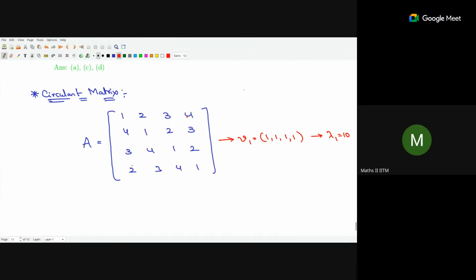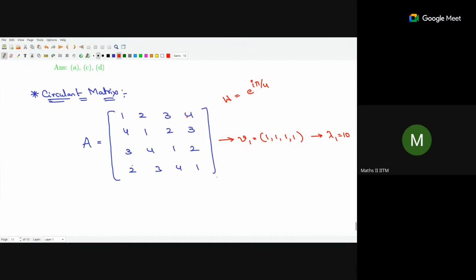So what we do is we just need to go back to math one bit. You remember the cube root of unity, right? e power i pi by n, the nth root of unity. So you have to recall that. Here we define some w which is equal to e power i pi by n, and here n is 4 now.